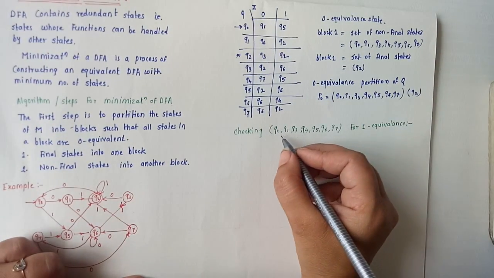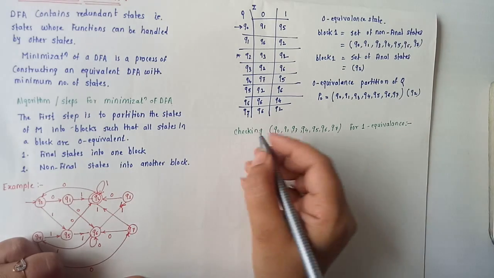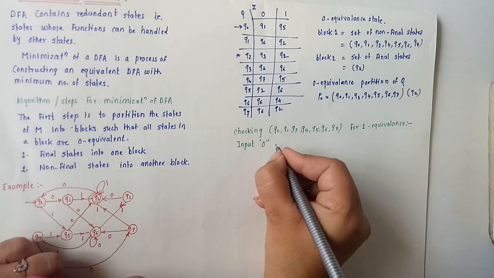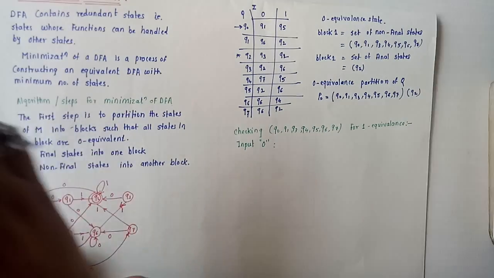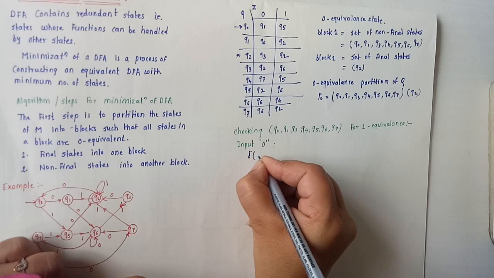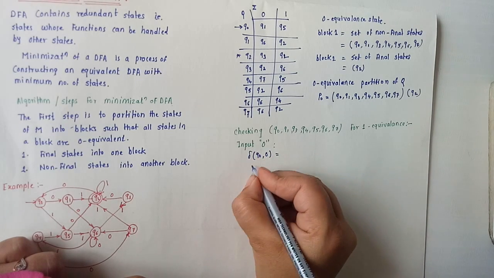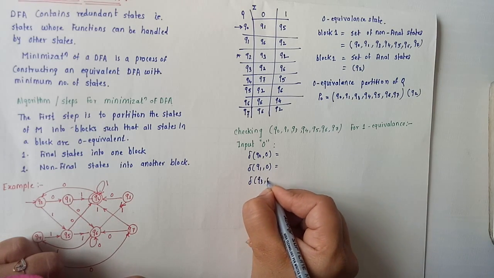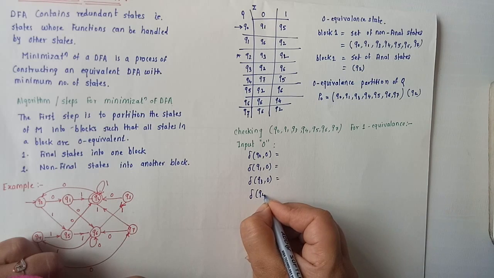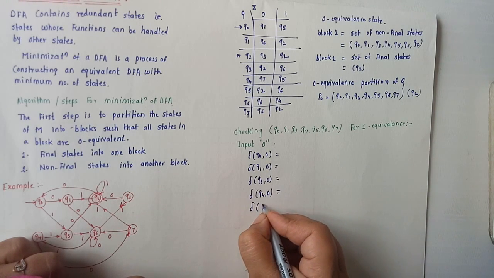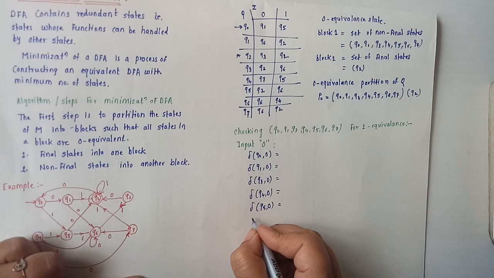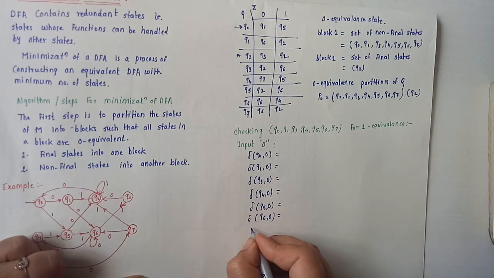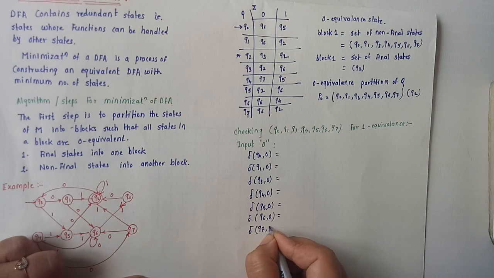Now checking this block for 1 equivalence with input symbol 0: delta of q0 on 0, q1 on 0, q3 on 0, q4 on 0, q5 on 0, q6 on 0, and q7 on 0.